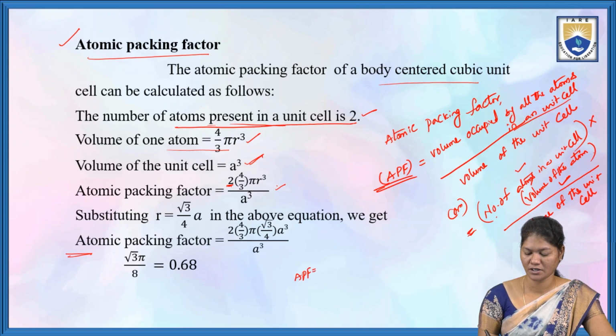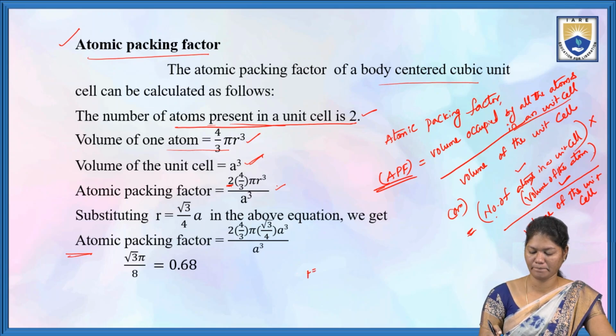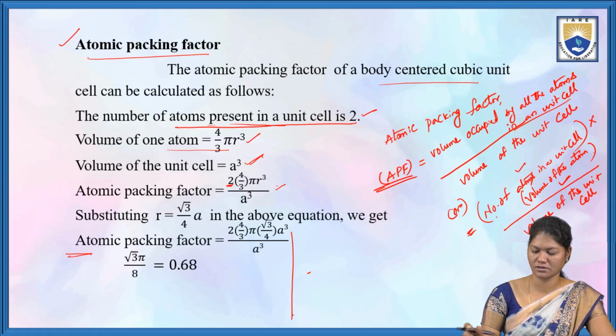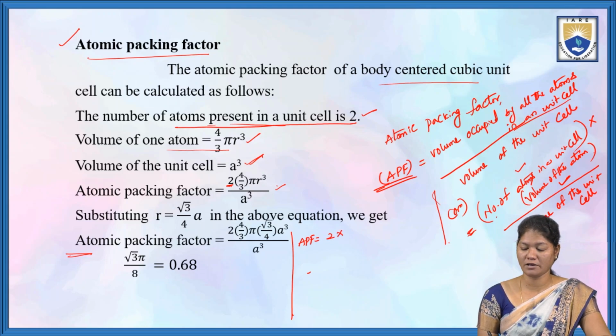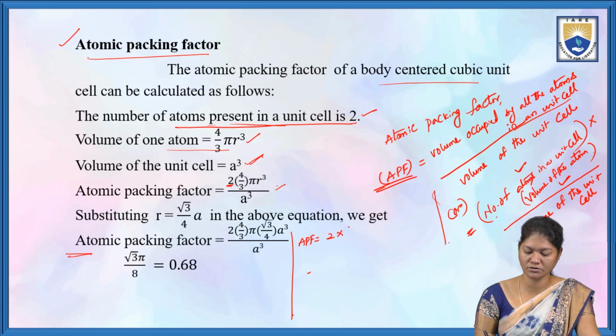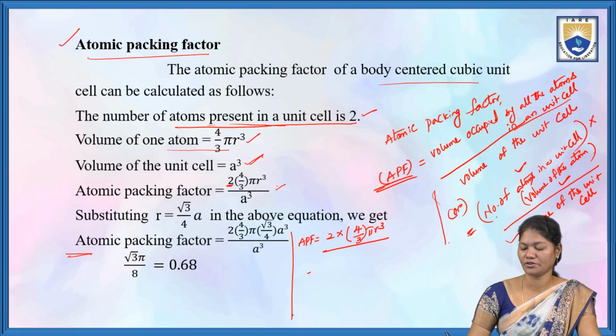So I'm writing here. APF is equal to 2 into, this 2 is the number of atoms in a BCC unit cell, into the volume of the atom, 4 by 3 pi r cube, divided by the volume of the unit cell.